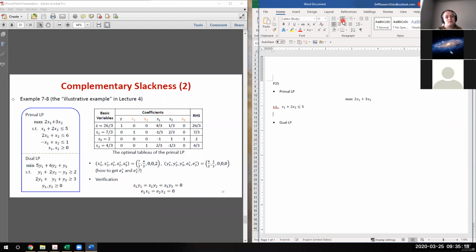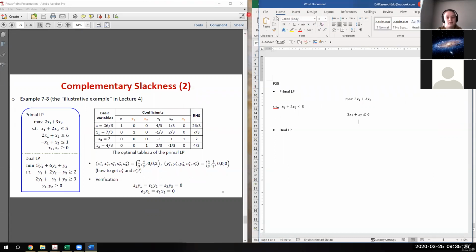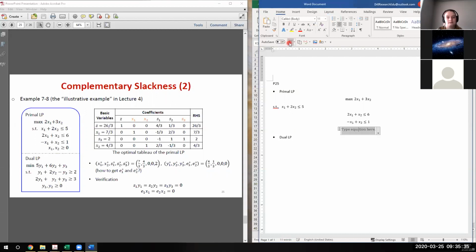The second constraint, 2x1 plus x2 less than or equal to 6. And the third constraint is negative x1 plus x2 less than or equal to 1. And of course, I have everything greater than or equal to 0.